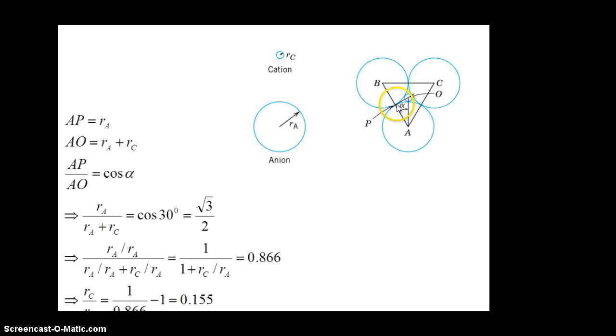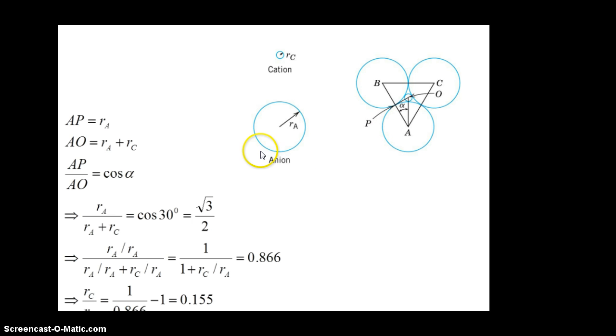And if it's tangential, then that angle here must be 90 degrees, right? The radius from A to that point, or from B to that point, must make a 90-degree angle with OP.